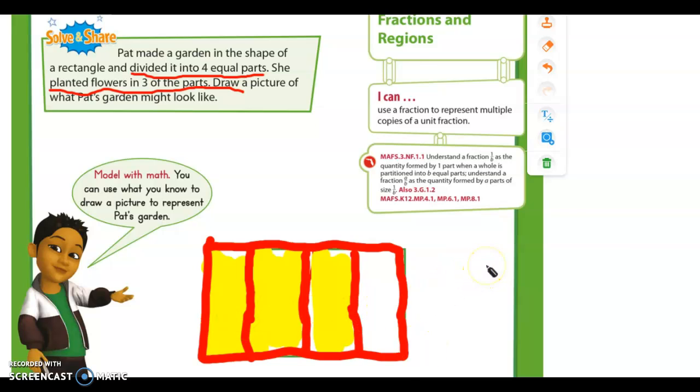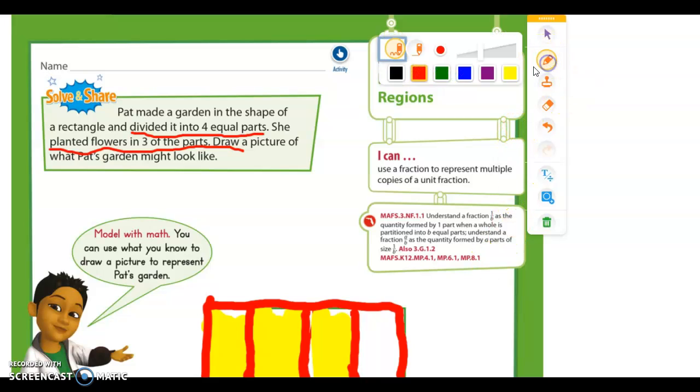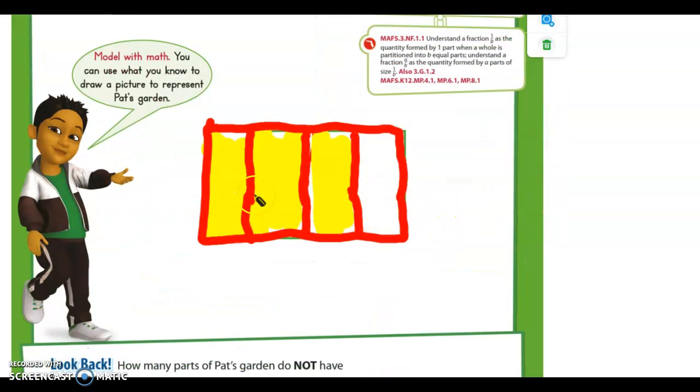So now that we've drawn that picture, we're going to answer a few questions about this picture. Now, you guys are smart, and I know that if you looked at that, you could tell me that there are 1, 2, 3, 4 pieces, and that 3 of them are colored in yellow.